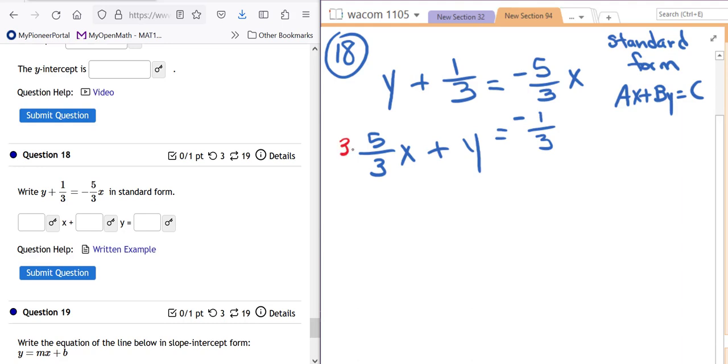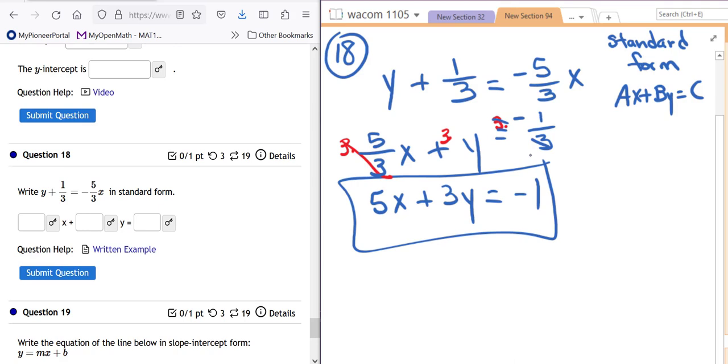So multiply through by that common denominator, which is a 3. These will cancel. So 5x plus 3y equals -1. This is what is called standard form. Right? So 5x, they already put the x on there, plus 3y equals -1.